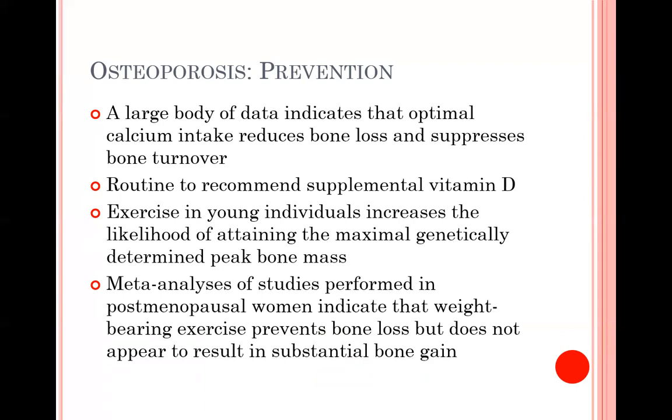So the pounding of our bones through running or weightlifting or walking, especially when we're young, sets us up for nice, good, dense bones when we're older. Meta-analysis of studies performed in postmenopausal women indicate that weight-bearing exercises prevent bone loss, but do not appear to result in substantial bone gain. So it just sets you up for your best chances, if you do this stuff when you're young.